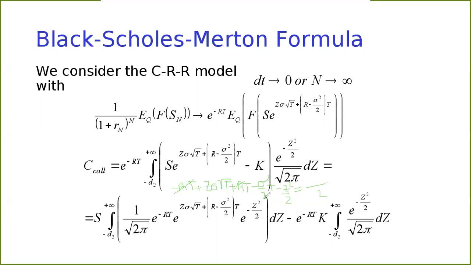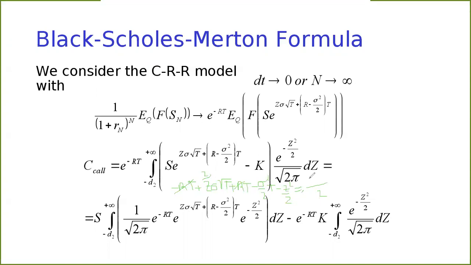We write 2 in the denominator as a factor, and we can write minus before this fraction, and in the fraction you see z square, sigma square t and 2 z sigma square root of t.